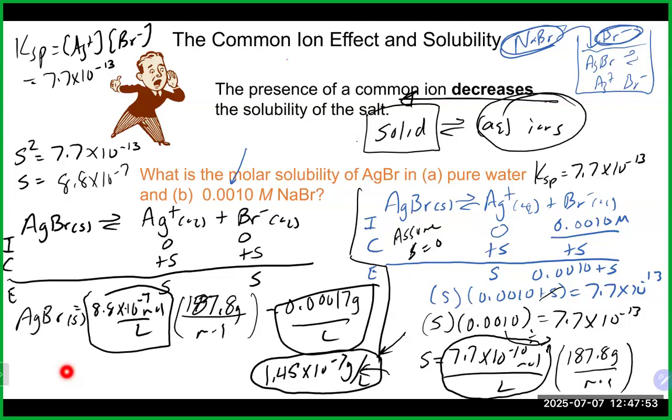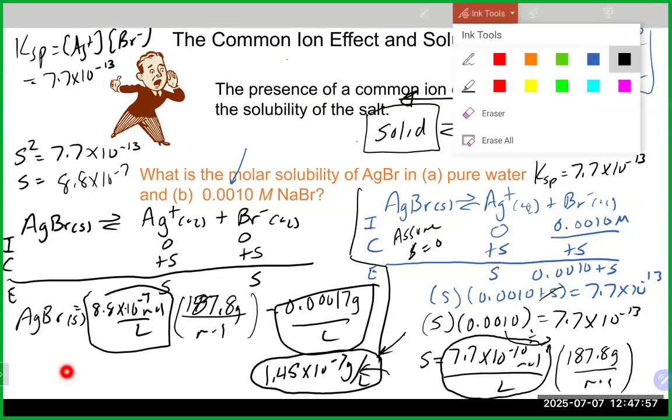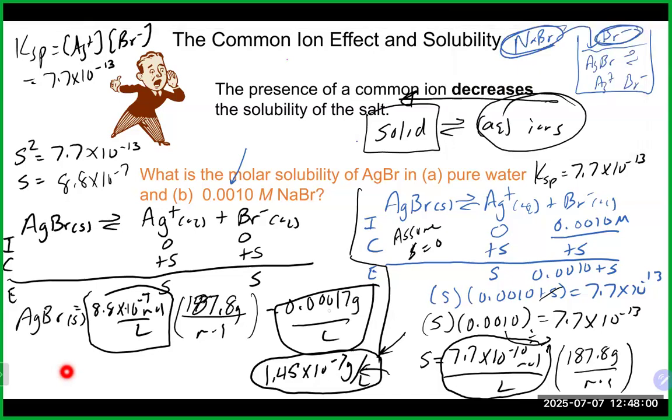What we see when we compare without the common ion to the common ion is we are much more soluble in water than we are with this common ion, right? That's 0.00017 grams per liter compared to 1.45 times 10 to the minus 7 grams per liter. And we can even see it with our molar solubility as well.